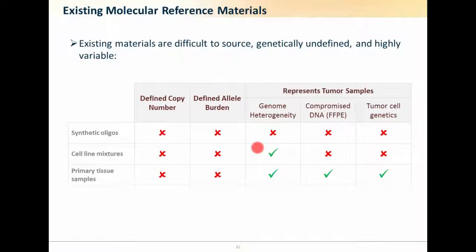It's just that with primary tissue samples, you don't want to have to use them for the initial setup or development, especially if it's a rare mutation and the tissue samples are very difficult to come by. What you want to be able to do is get your assay up and running, understand the limit of detection, and then run tissue samples through the system to show that you can detect real patient samples with your molecular assay.